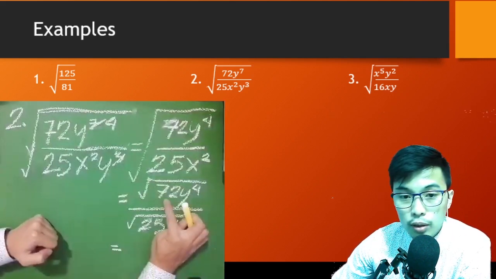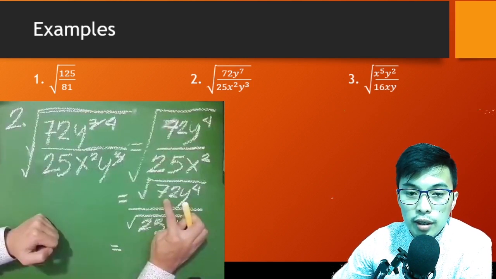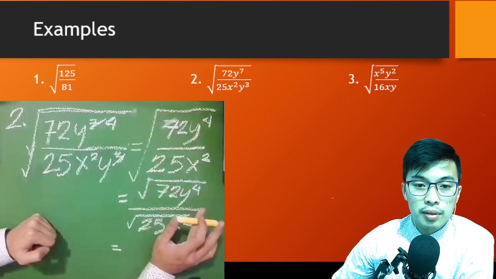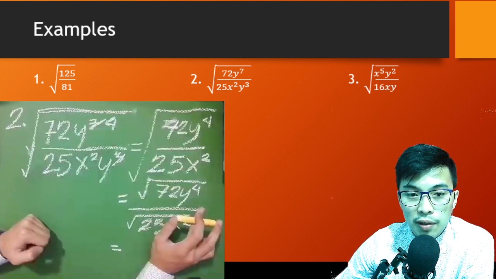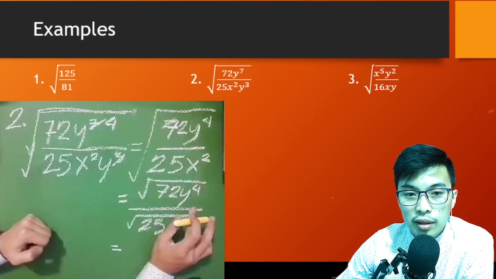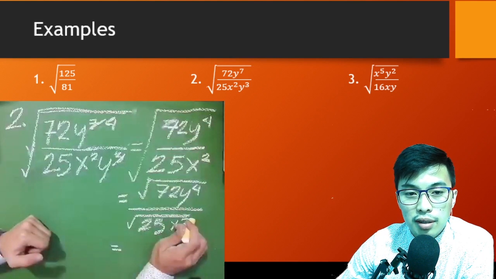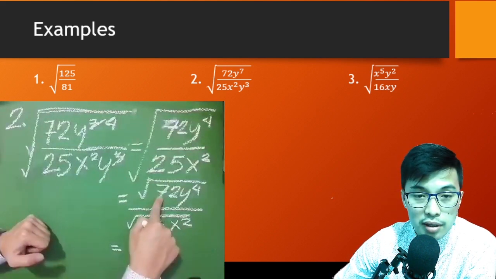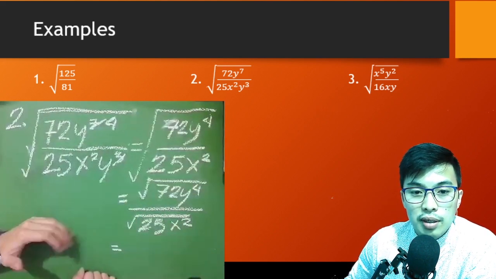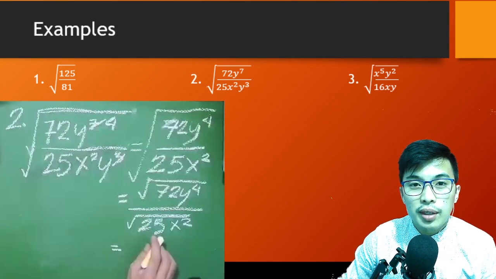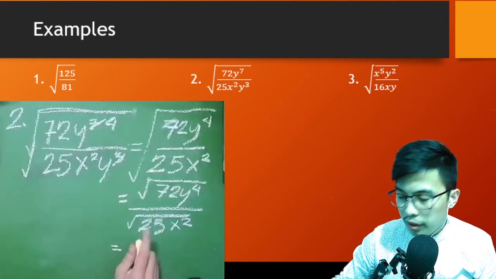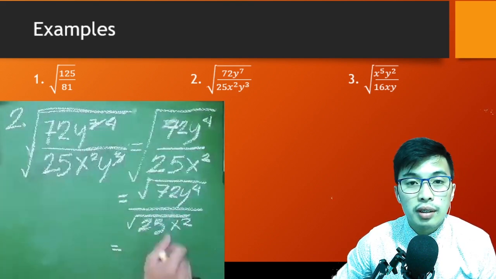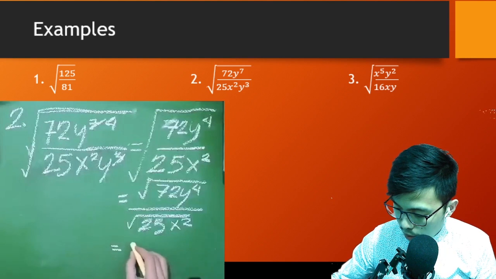Okay, question: 72, is 72 a perfect square? No. So pwede pa naman nating i-factor si 72 na yung isang factor niya is perfect square. So the question is, ano yung isang factor ng 72 na yung isang factor is perfect square? So the answer is 36. Okay? 36 is a perfect square, and 36 times 2 is equivalent to 72. Sulat natin.